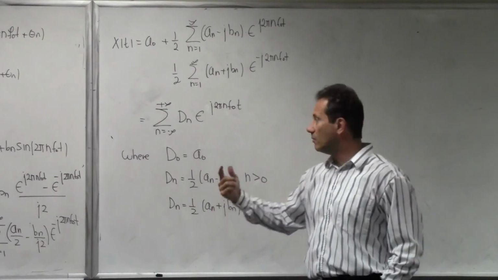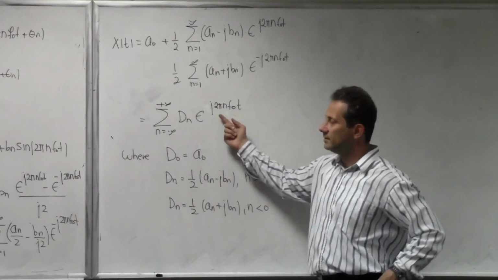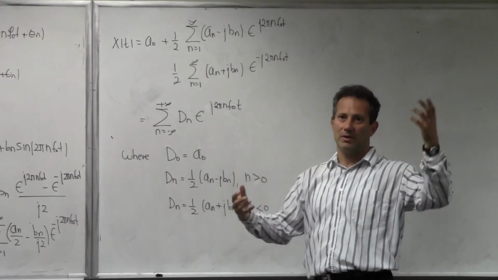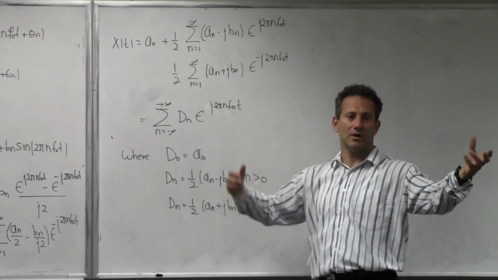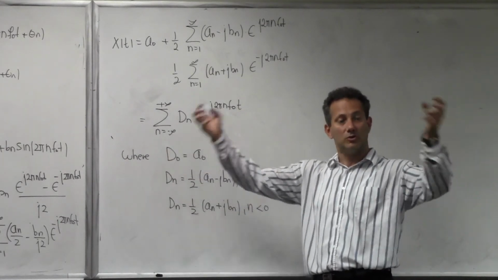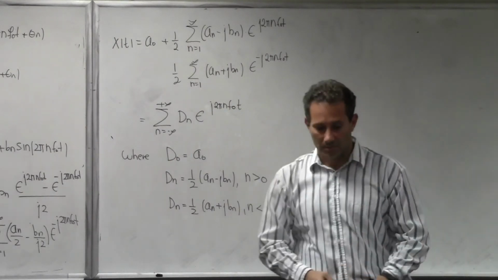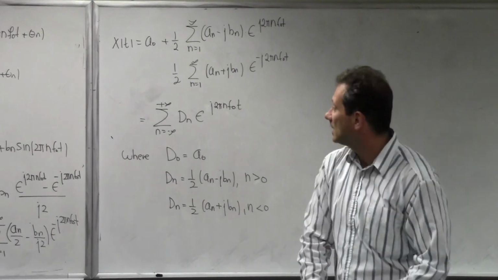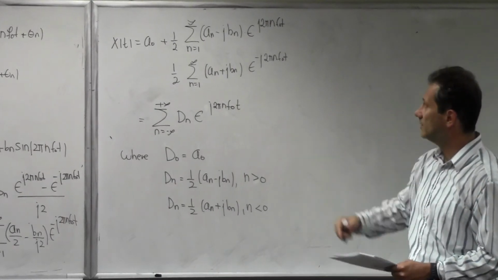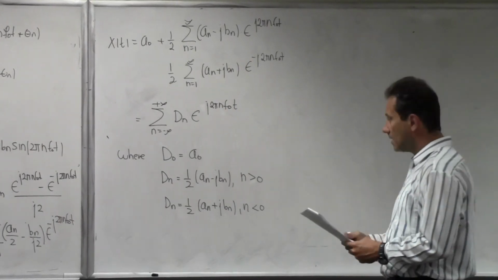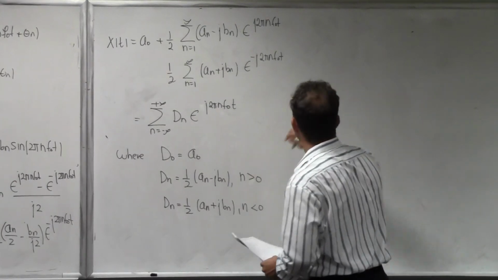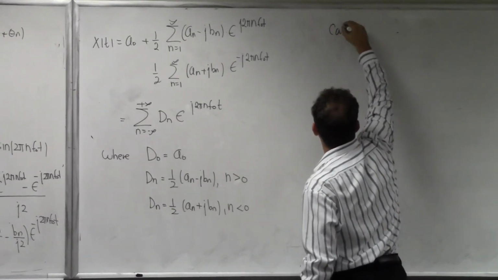It's just that two of these combined give you one cosine, one with the positive nf0 and one with the negative nf0. Together they give you one cosine that you use to build the waveform here. Now, this one has a set of calculation formulas.